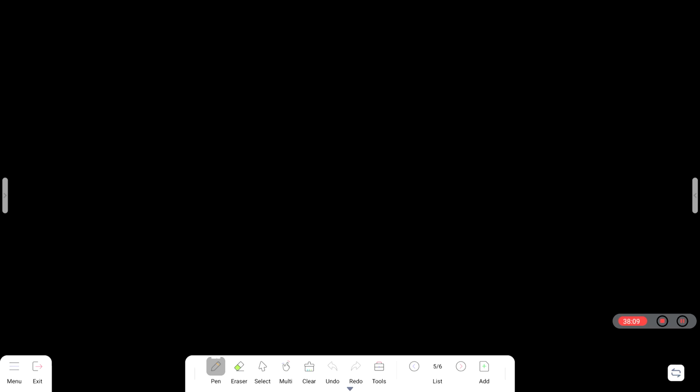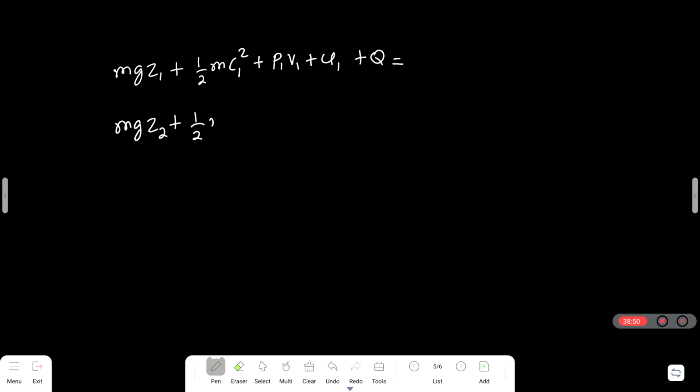Look at the board. First, write out the steady flow energy equation. What is that? m g Z1 plus half m C1 square plus P1 V1 plus U1 plus Q is equal to half m C2 square plus P2 V2 plus U2 plus work, along with the m g Z2 term.